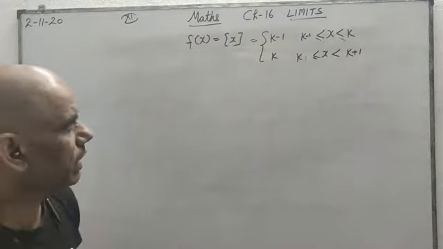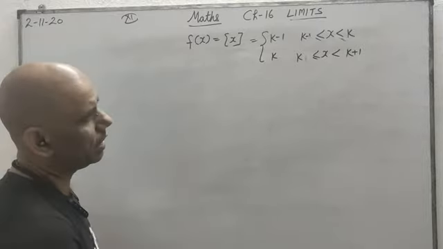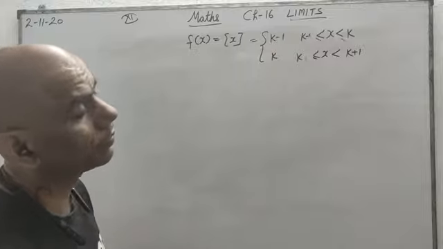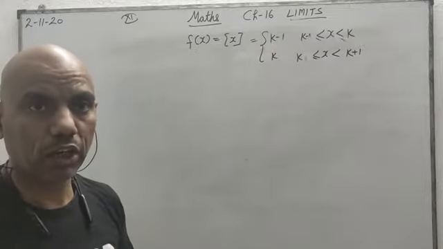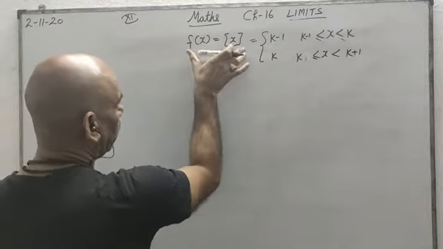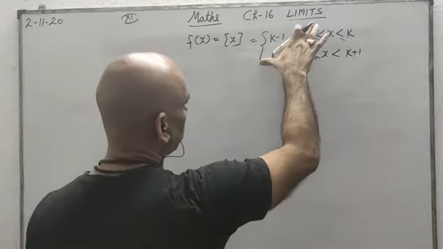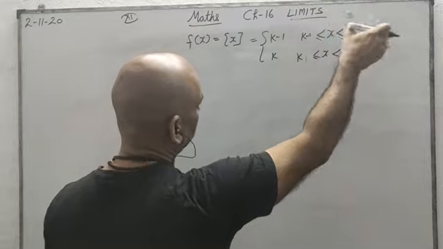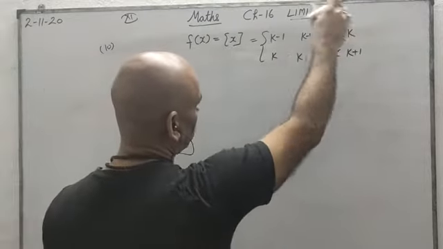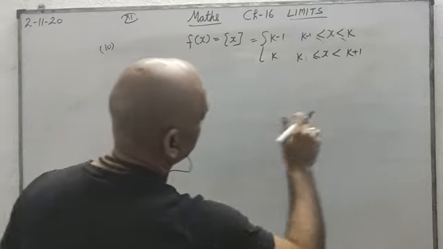So we have to find LHL and RHL, and when the limit does not exist, it means LHL and RHL will not come out equal. In this question only this much portion will be given. This you must learn. If you don't know this, you will not be able to solve question number 10.